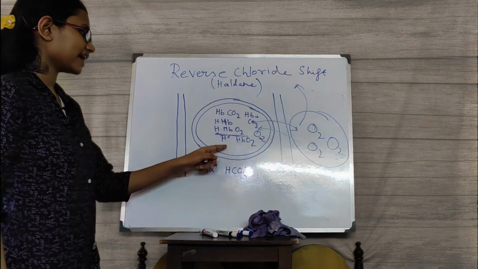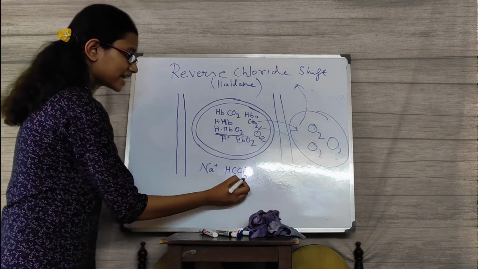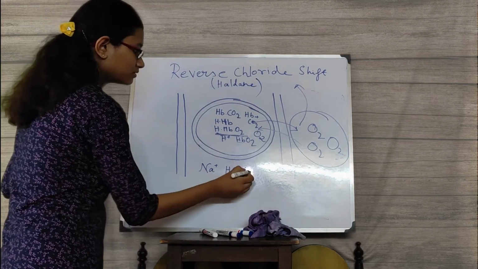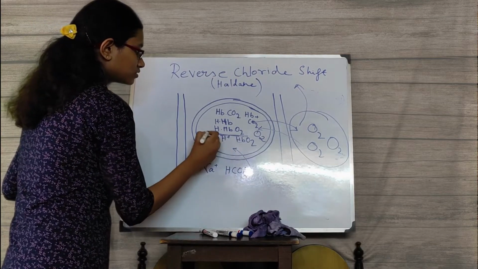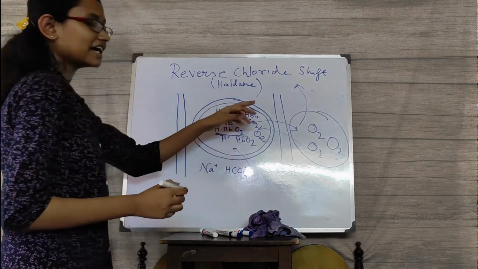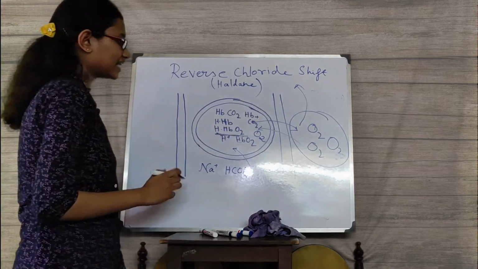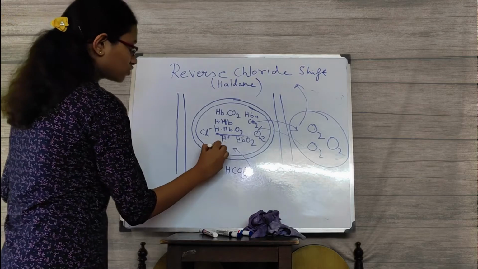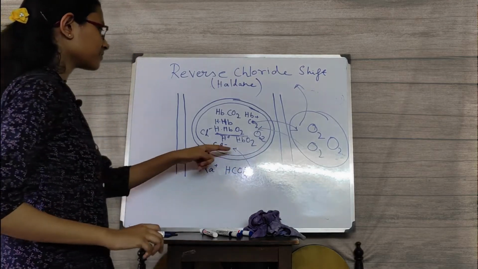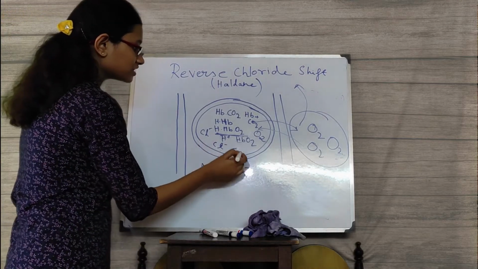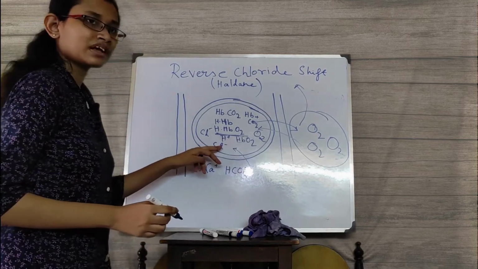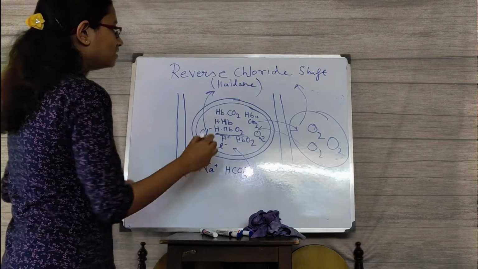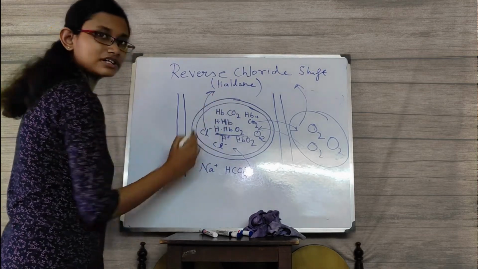Now seeing this H plus inside, the HCO3 minus outside the cell will go inside. As you know, there are also chloride ions inside from the previous process, due to the chloride shift. Now as this HCO3 minus enters the cell, immediately the chloride ion will come out of the cell, and this is known as the reverse chloride shift.